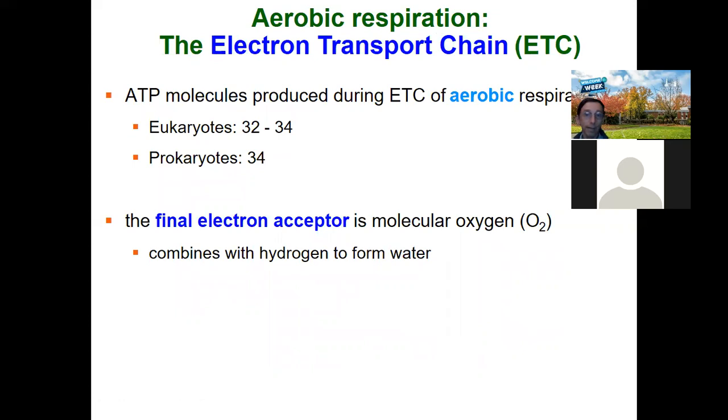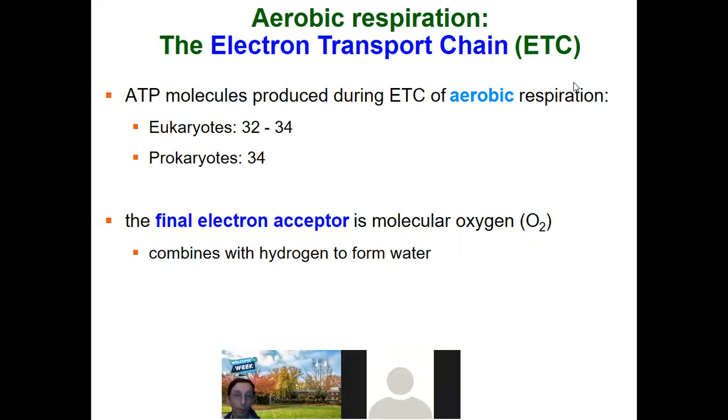All right, as I stated, in aerobic respiration in the electron transport chain, the production of ATP kicks into high gear. In eukaryotes, the electron transport chain makes 32 to 34 molecules of ATP for each molecule of glucose. Prokaryotes are a little more efficient and generate 34 molecules of ATP for each molecule of glucose.